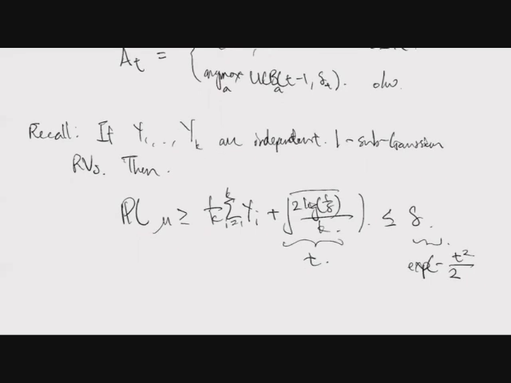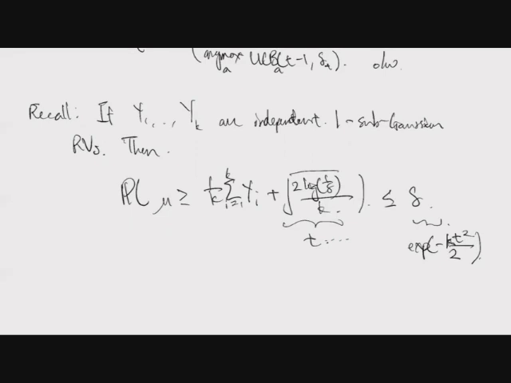Okay, but that parameter is 1 over root k. So the square of that is going to be just k in the numerator. And now we set this to be delta, and then we solve for t, and then t turns out to be this expression that we have here.